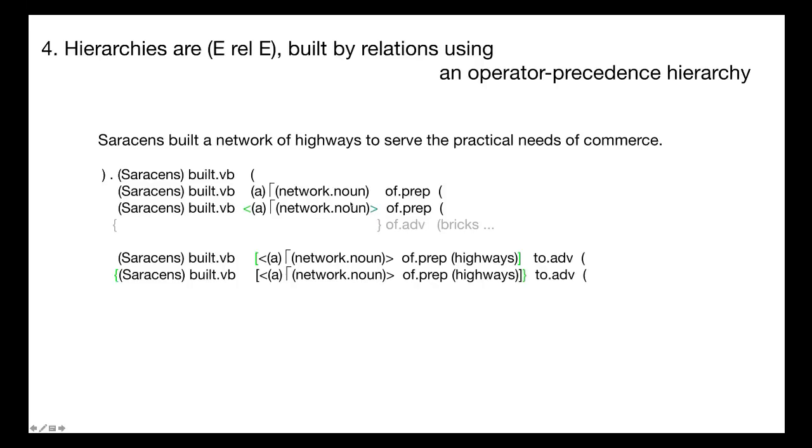And what it's going to do, it's going to build a network. Now, it could do it again and "Saracens built a network of." And if the next word were "bricks," that would probably be the right thing to do because you'd have "of" as an adverb. But in this case, it's not the right thing to do. So you've got a preposition here, and you're just going to build this.